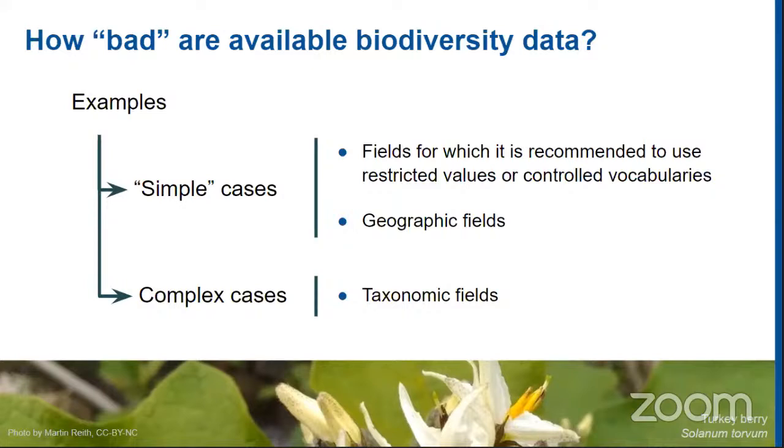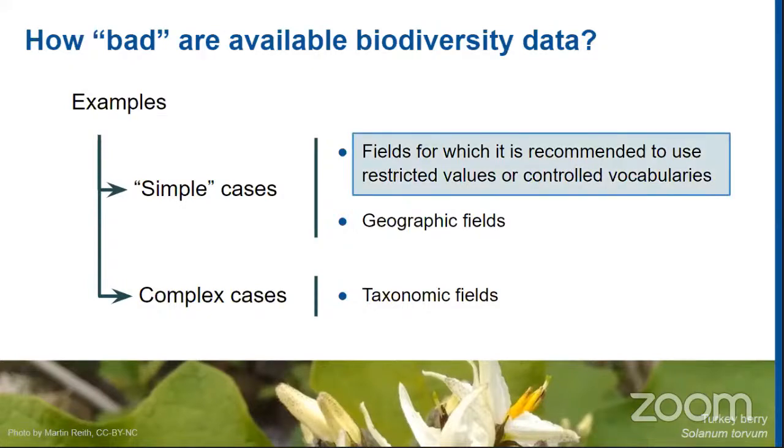We're going to see also some cases for geographic information. And then we're going to explore just a little bit more complex cases, and in particular, what happens with taxonomic information. I call this one a complex case because it usually requires more expert input to be able to fix this kind of problems in data quality.